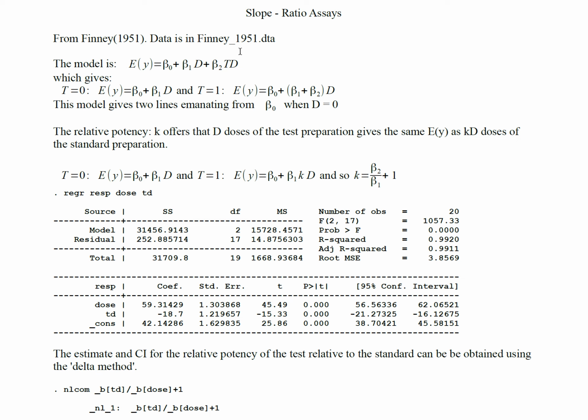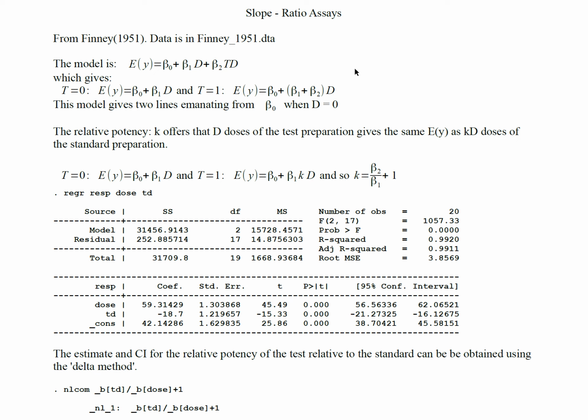Then we can see that this line, if you specialize it, and we've done quite a bit of this, we specialize it to T equals 0, that's for those receiving the standard preparation. We get this line with this intercept at D equals 0, and this slope. And for the test preparation, we get the same intercept when D is 0 and a possibly different slope.